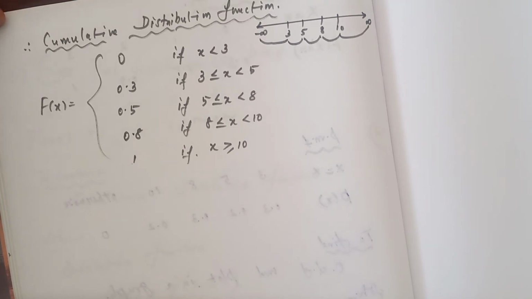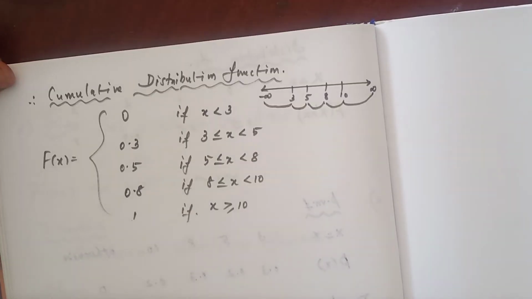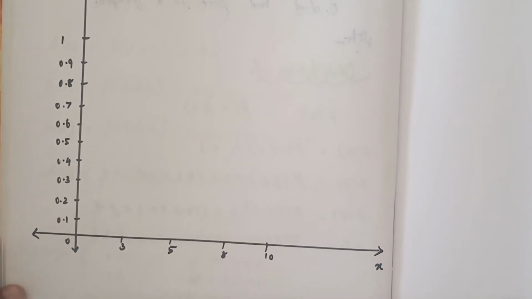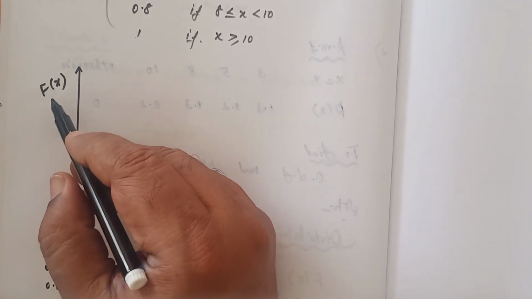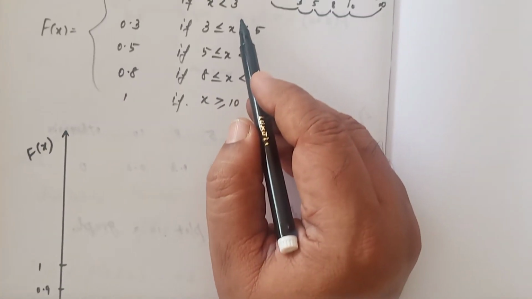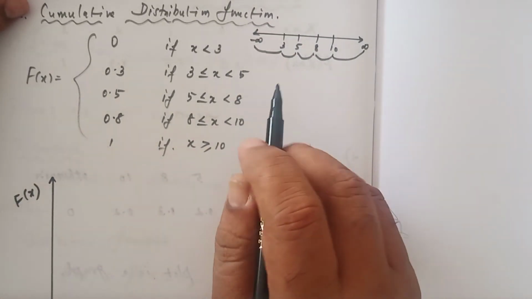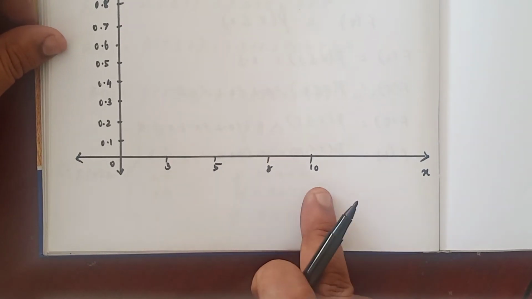Now we have to plot the points in a graph, a rough diagram only. Here we have the graph, with the x-axis horizontal. Instead of y-axis, you consider F of x, the distribution function. We have the x values 3, 5, 8 and 10; take that alone on the x-axis.